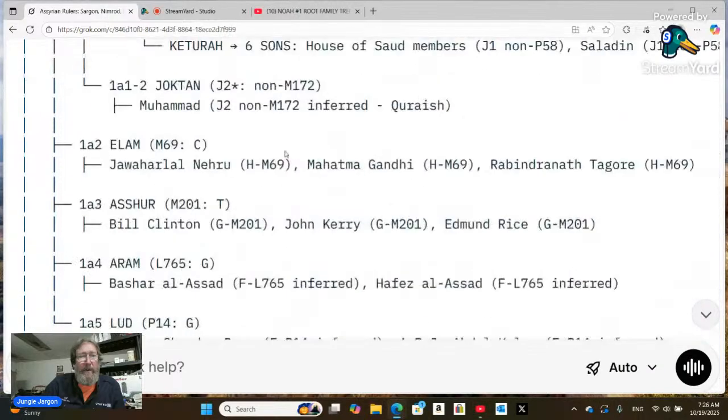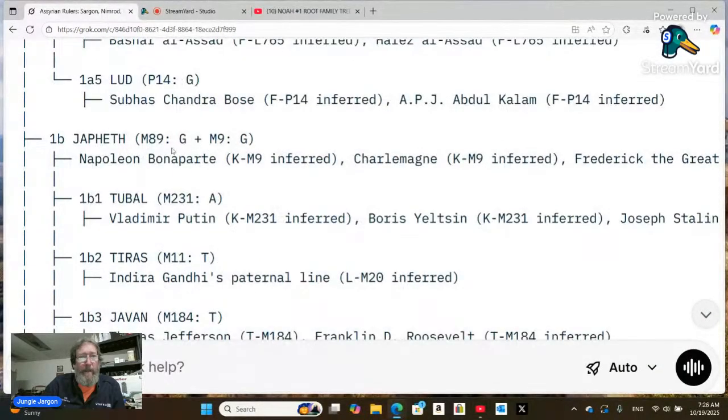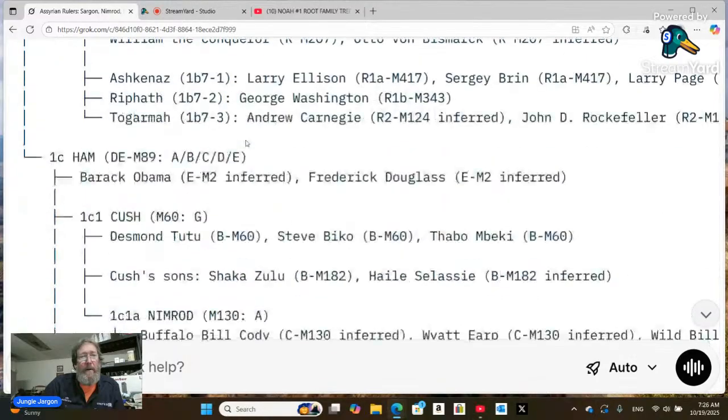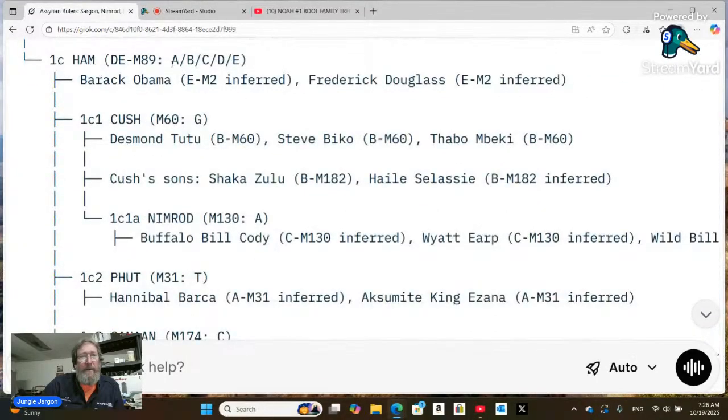As we can see right here, Japheth is M89G and M9G. Well, it seems like the alleles are always changing, but the point is that it's different. It's different in Japheth and it's different in Ham than it is in the rest of it.